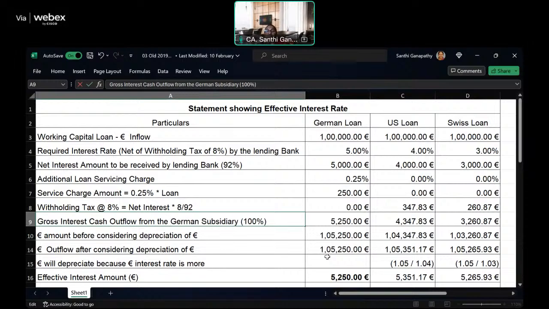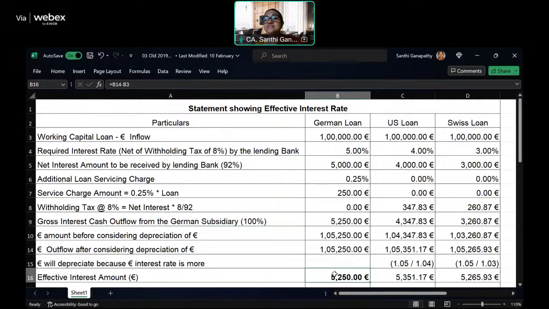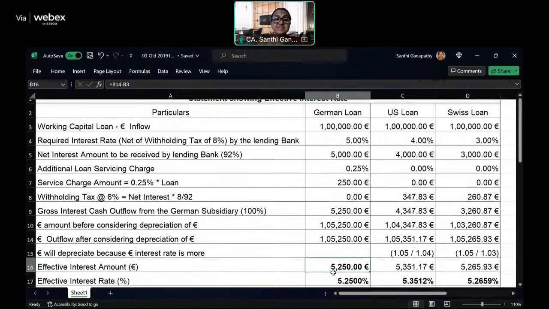After considering depreciation means differential interest rates we need to apply. In Germany, 5%. In US, 4% means into 1.05 divided by 1.04. So effectively, how much is the interest amount? You should deduct the 100,000 euros and get the effective interest amount.